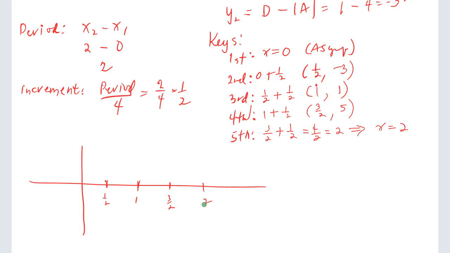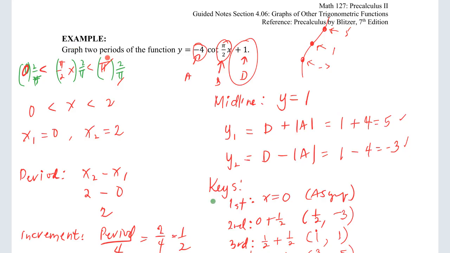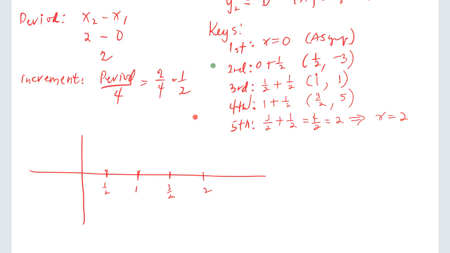Now the problem is that we want to graph this for 2 periods, so I'm just going to extend that on the right side, another 1, 2, 3, 4. We have there 2 and then another 1/2, so 5 over 2.